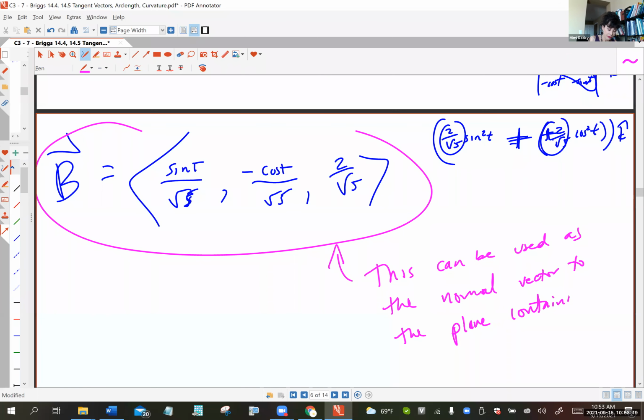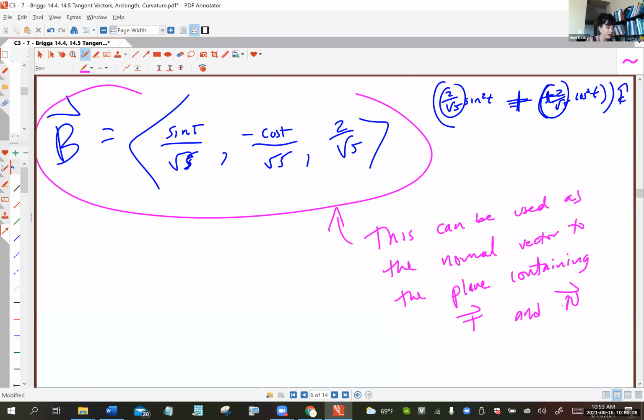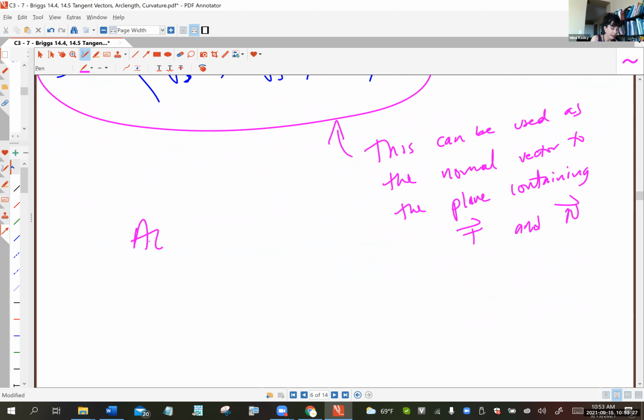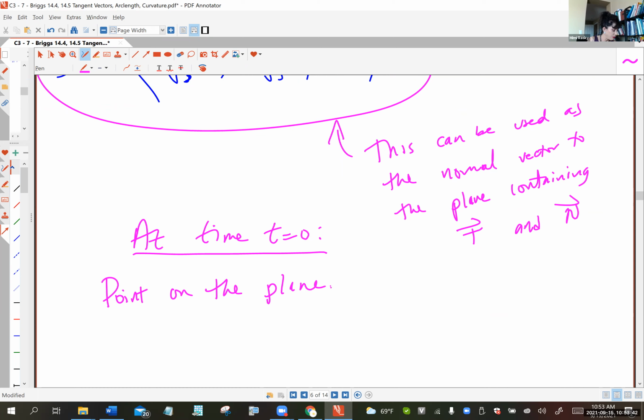containing T and N. Now, they did say they want to get the equation for the plane at time t equals 0. Okay, so we have some things we need to do. First, we want to get a point on the plane. Oh dear, how do we get a point on the plane?